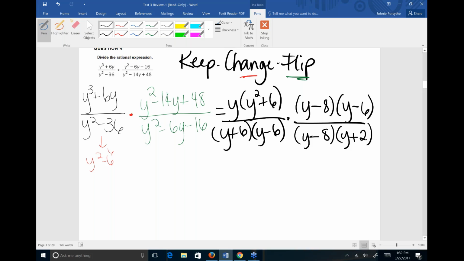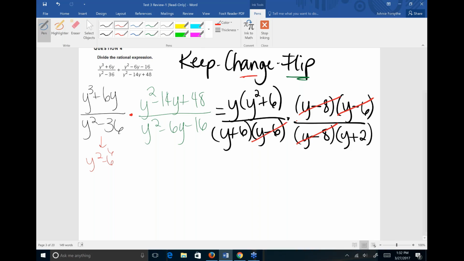And so now I've factored everything, and so now it's time to cancel out any common factors at the numerator and the denominator. So let's see, I've got y minus 8 cancels out, and I have y minus 6, and y minus 6 cancels out.